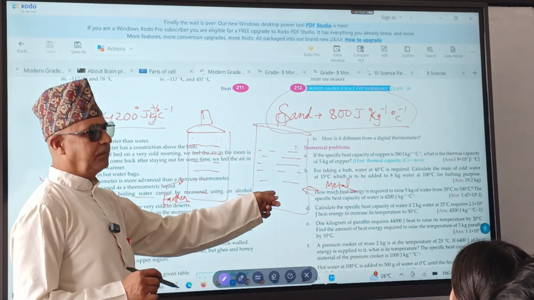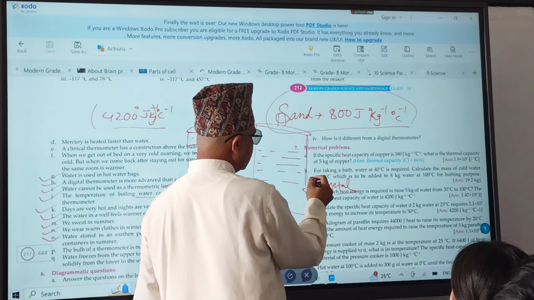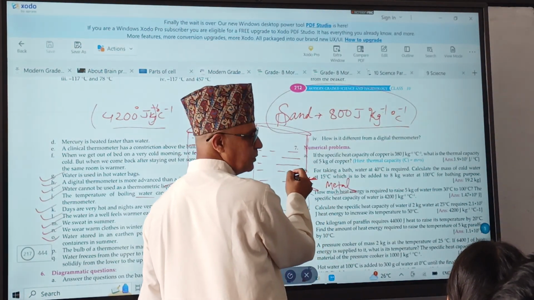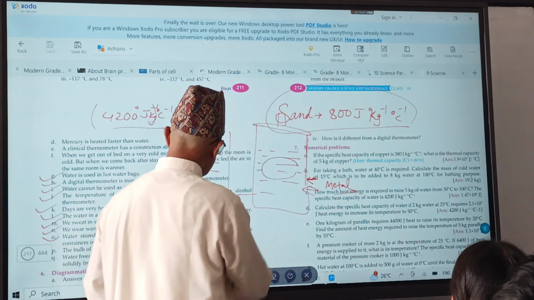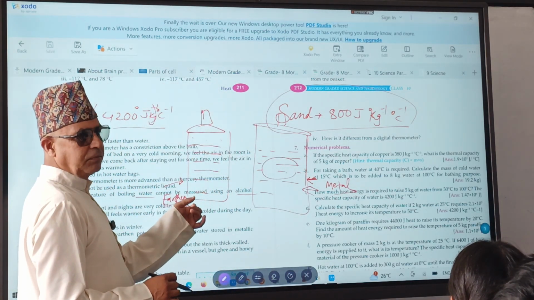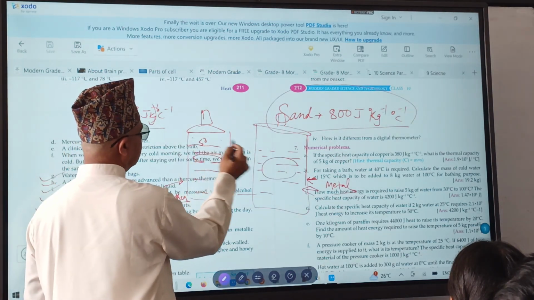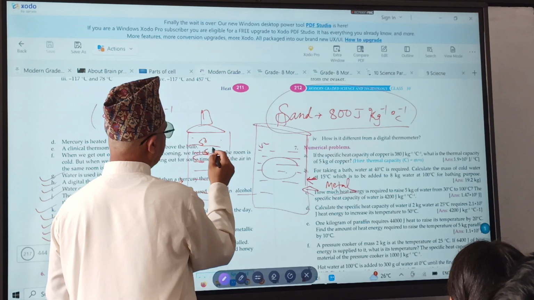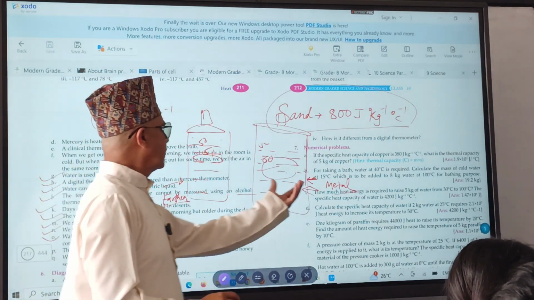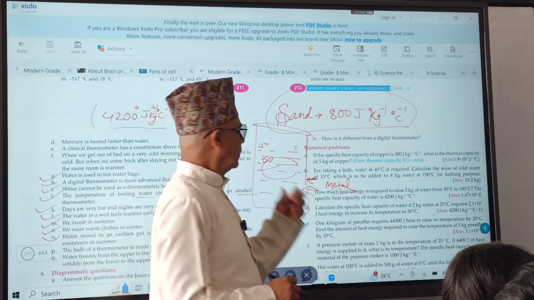If it is a good conductor, it becomes hotter faster, and that heat can be transported here. But earthen does not get heated faster because it is a bad conductor, so the temperature remains the same. Suppose it is 50 degrees here and 50 degrees here; after some time it may be 51, but it will not be 60 or 65. There may be transfer of heat.